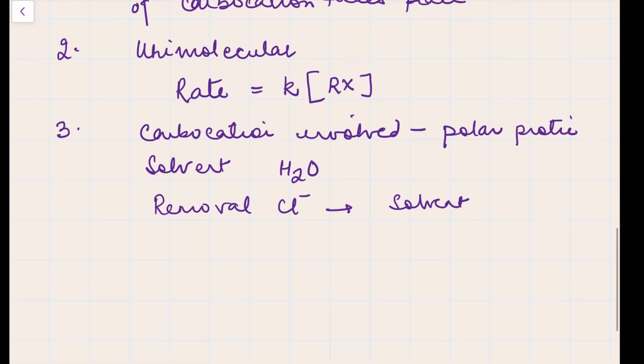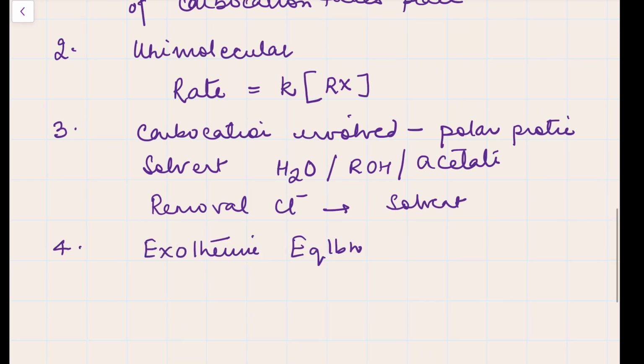So what are the polar protic solvents? We can have water, we can have alcohol, we can have acetic acid. These are all polar protic solvents. Sn1 is always exothermic. Hence, an exothermic equilibrium will always favor low temperature.